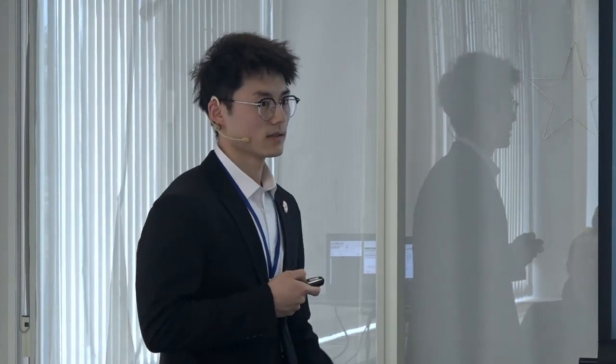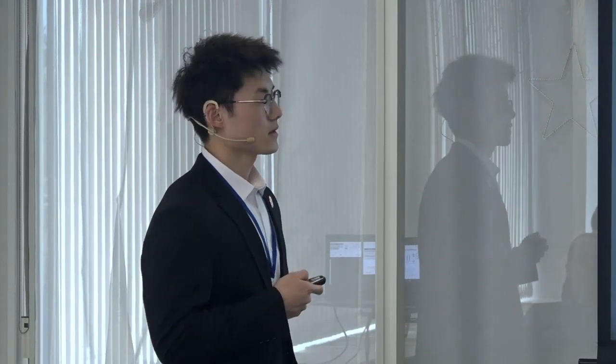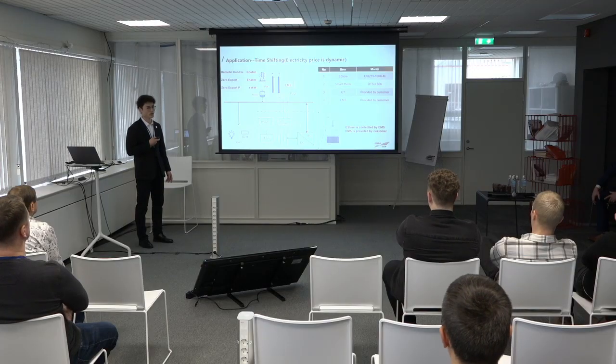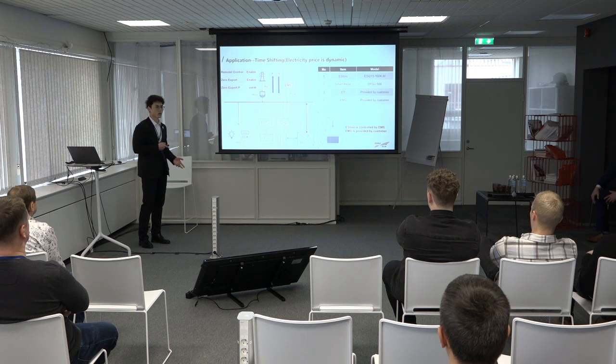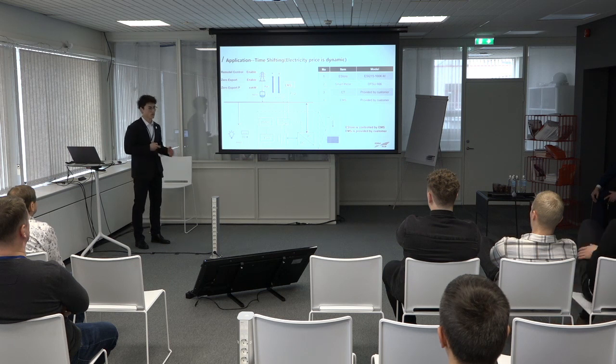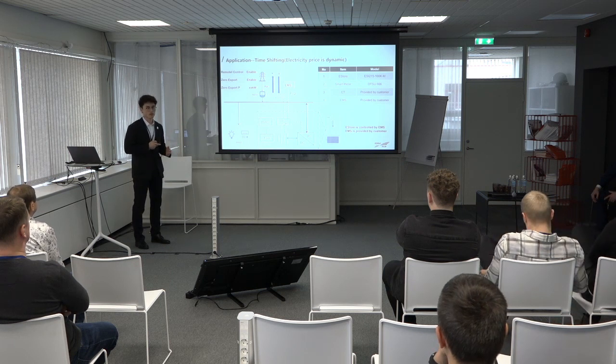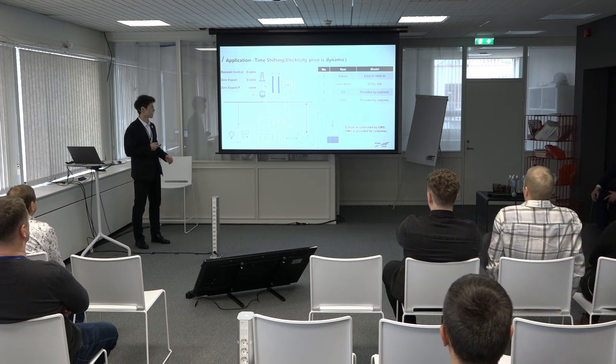And when the electricity price is low, the EMS can send a charge order to the energy storage system to store the energy from the grid at a low price level. So in this situation, we can make benefits from the difference of electricity price.